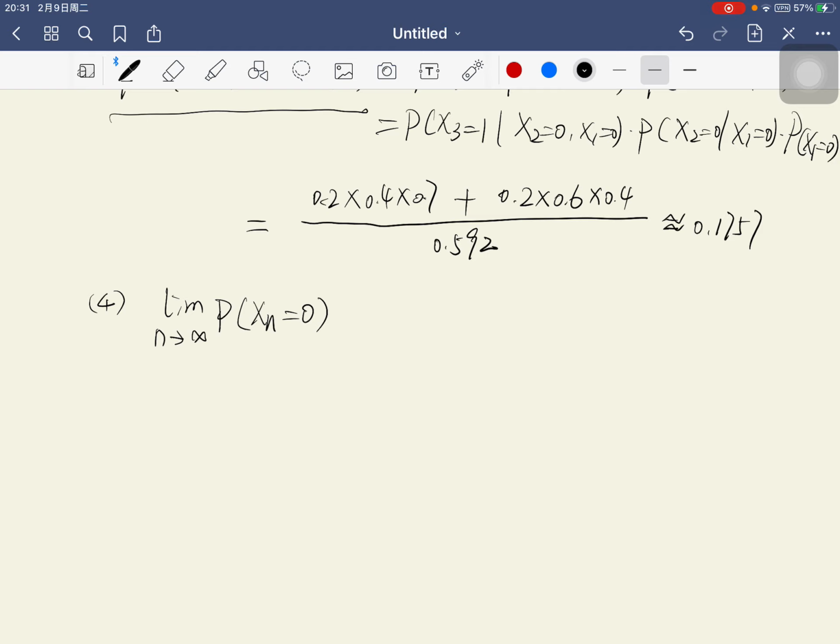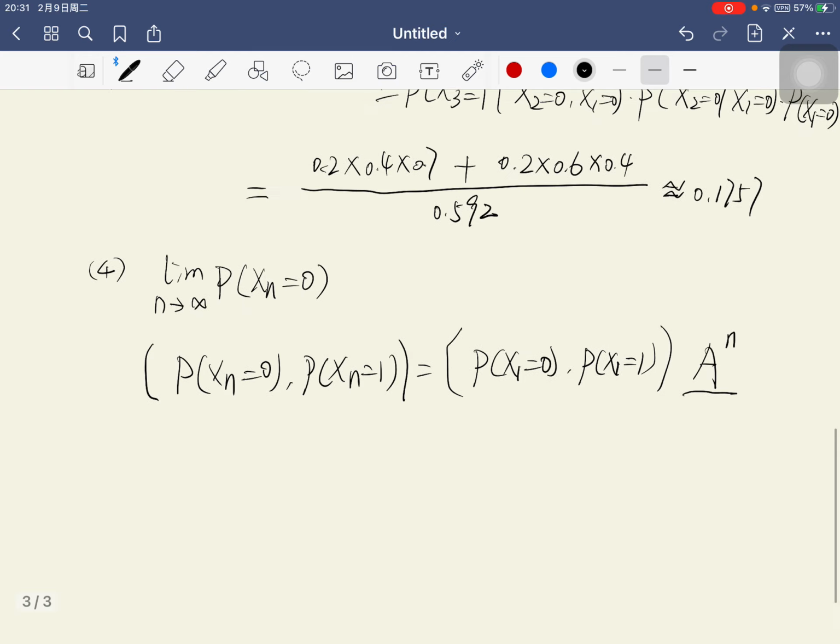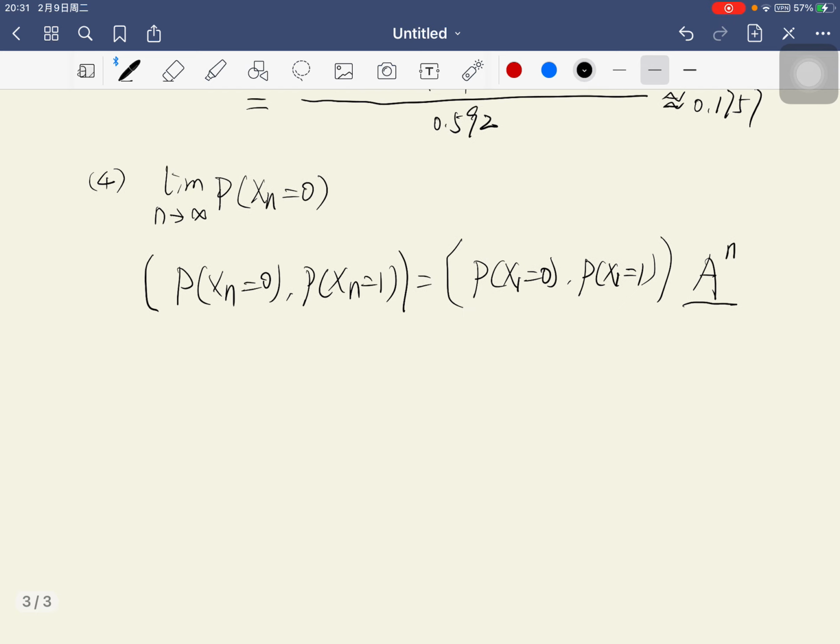In the above questions, we could find that the matrix of the probability of xn equals 0 and the probability of xn equals 1 is the matrix of the probability of x1 equals 0 and probability of x1 equals 1, times A to the power of n. We want to compute the matrix A to the power of n.